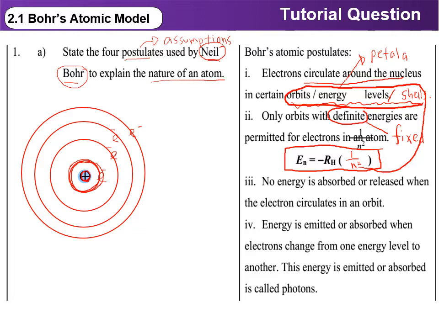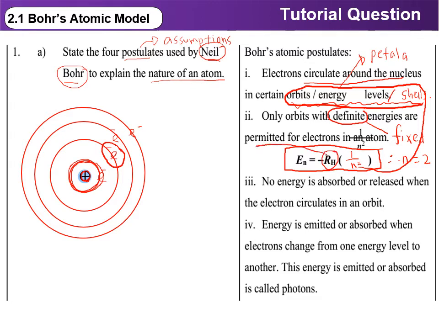So if I ask you to determine the energy of the electron at the second shell, you are going to use this formula, where n will equal to 2. What is the energy of the electron when it is at the second shell? So what is the RH?